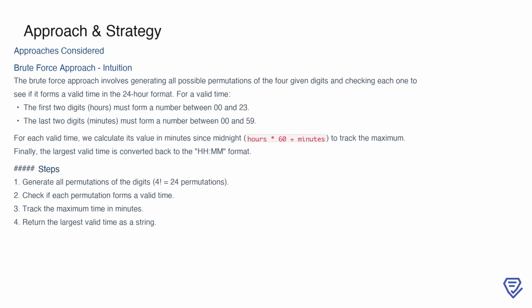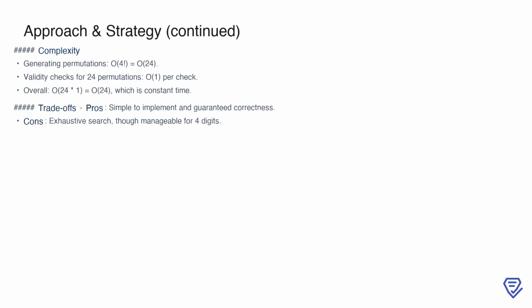The process involves 4 key steps: generating all 24 permutations of the digits, validating each permutation as a possible time, tracking the maximum time in minutes, and returning the largest valid time as a formatted string. When analyzing the complexity of this approach, we note that generating all permutations of 4 digits takes O(4!), which is a constant 24 operations.